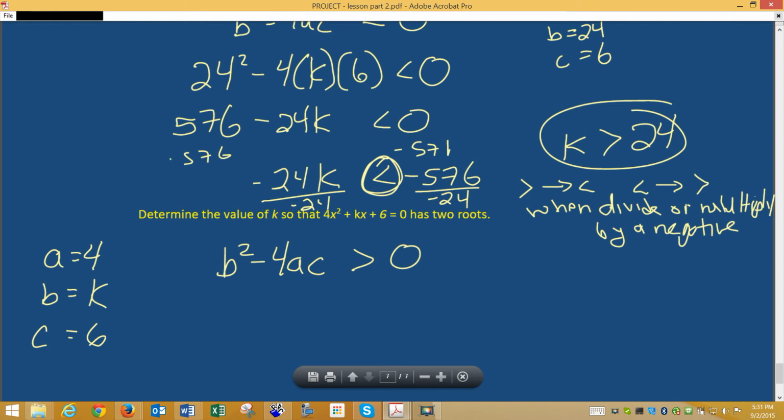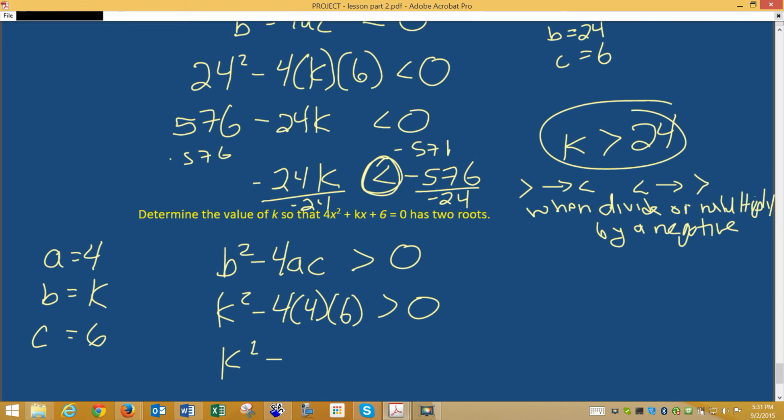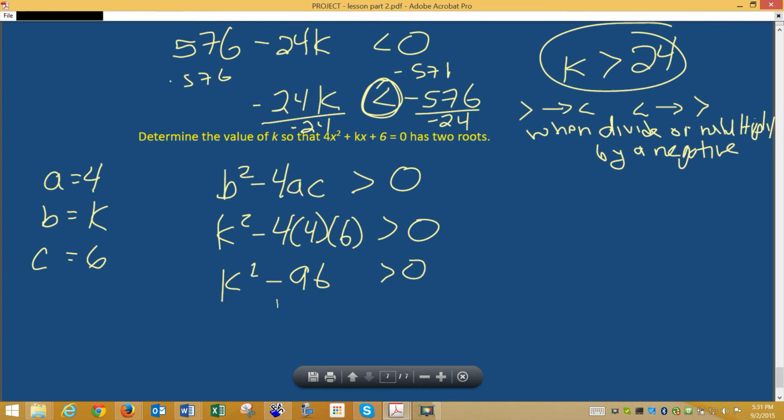So I'm going to substitute those in, so I get k squared minus 4 times 4 times 6 is greater than 0. So that's going to be k squared minus 16 times 6 is 96. It's greater than 0.